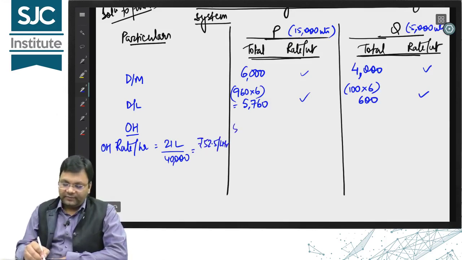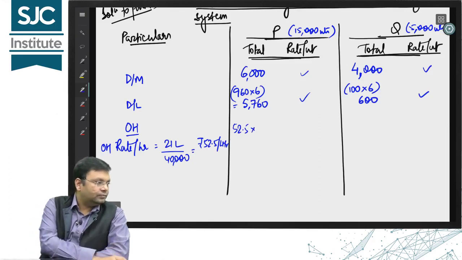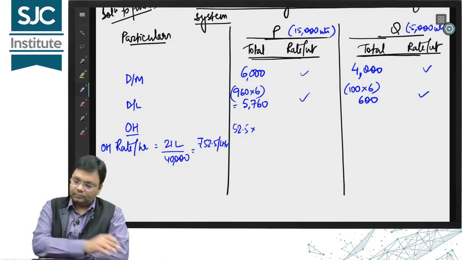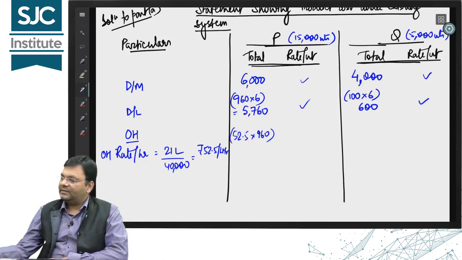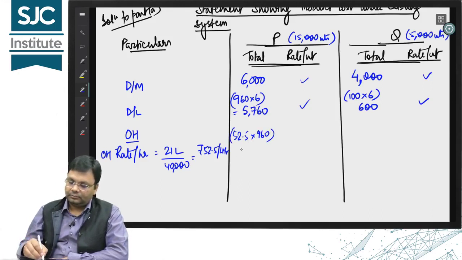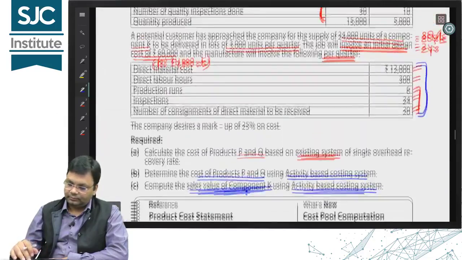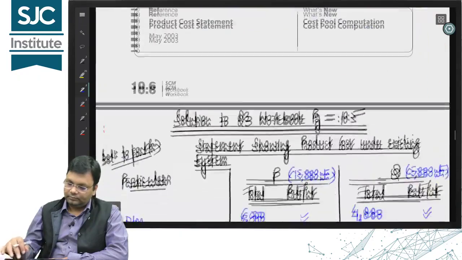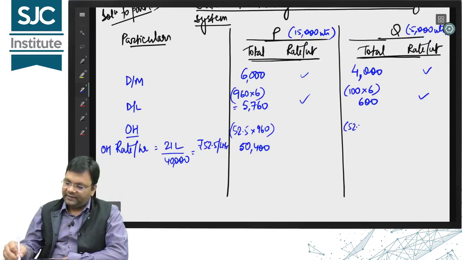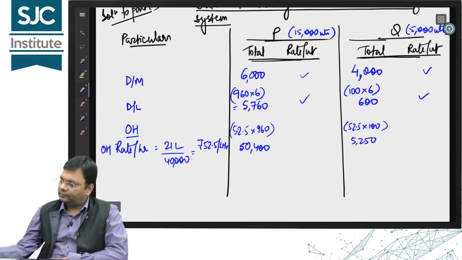Using this, 52.5 into total hours, which is 960, comes to 50,400. Similarly here it is 52.5 into 100, which is 5250.